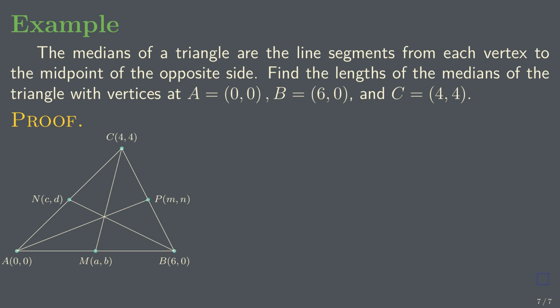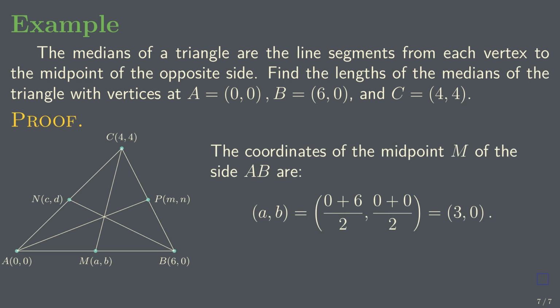Now we want to find the coordinates first of the midpoints of AB, AC, and BC. And after that, once we have the coordinates of these points, we can easily use the distance formula to compute the length of each median of the triangle ABC.